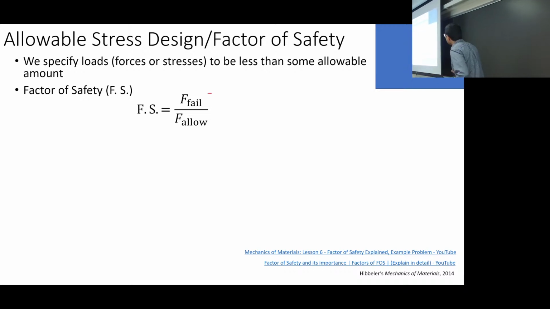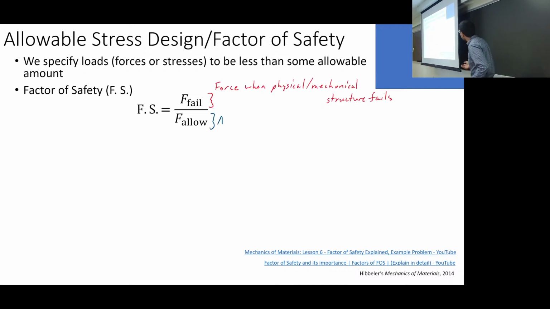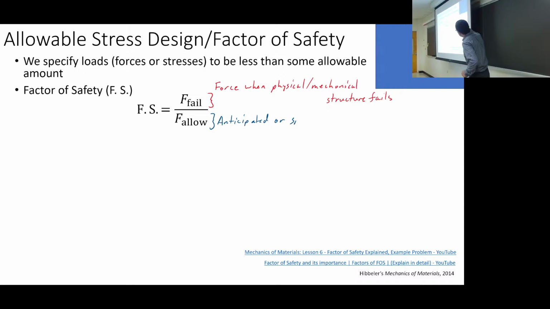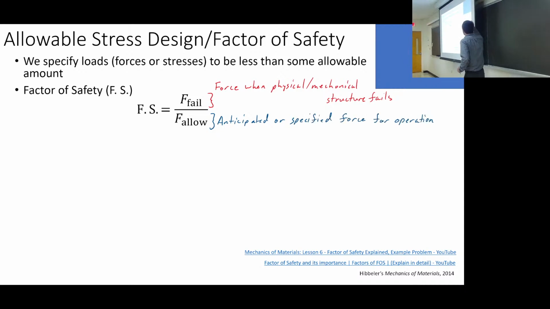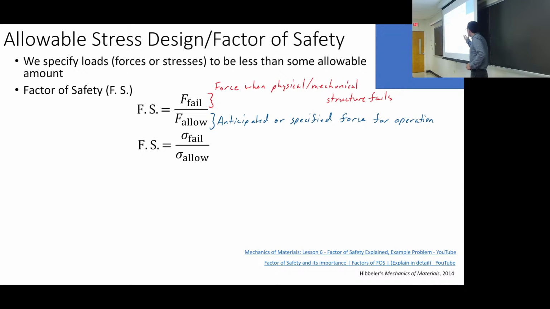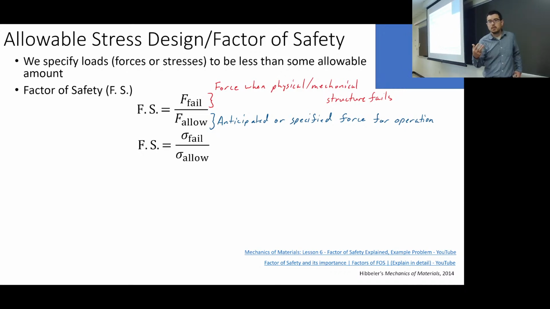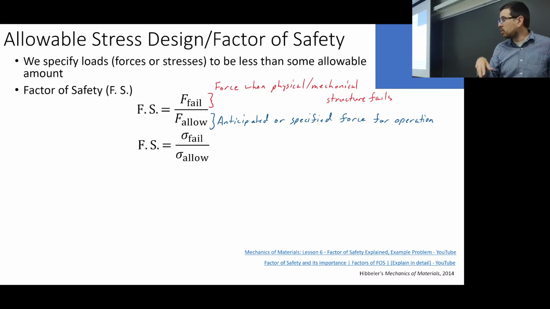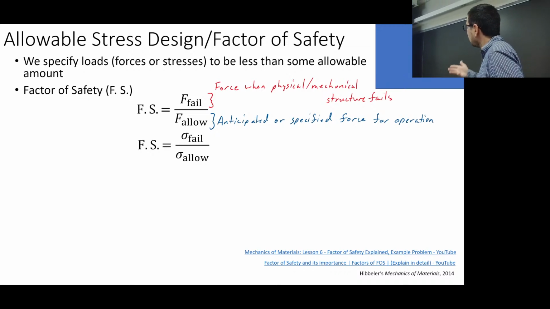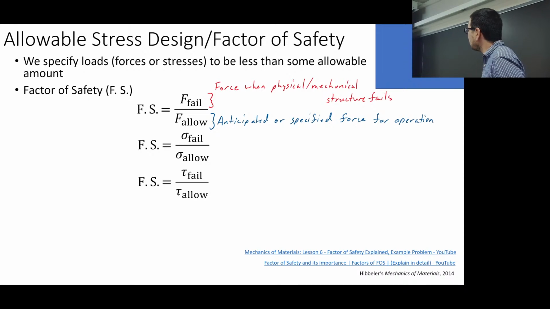Another way to write this out: the top one is the force when the physical or mechanical structure fails, and this is the anticipated or specified force for operation. Another way is, like we said, often in this class we're going to be looking at the stresses. So sigma fail, that would be like a yield strength or a maximum shear strength.